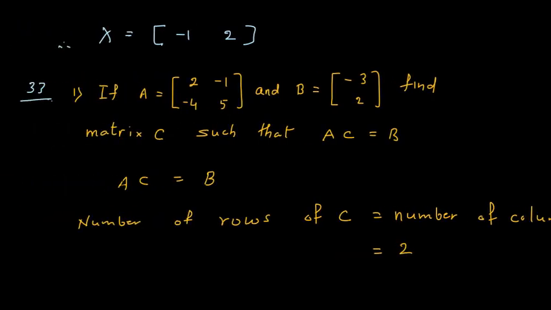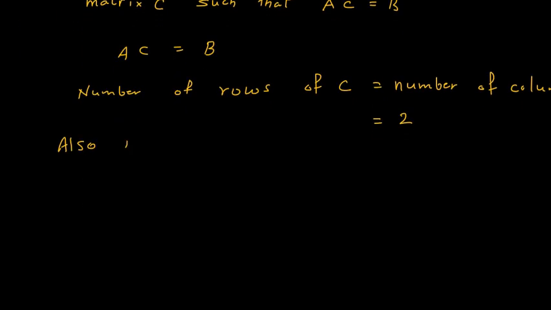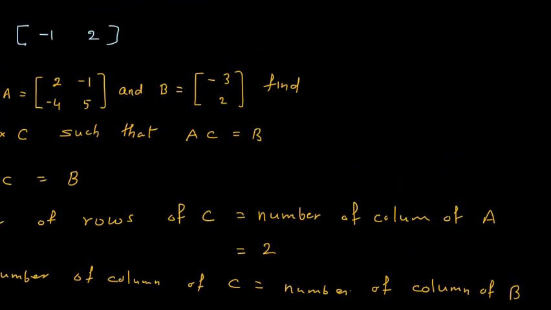And similarly I will say also number of column of C is equals to number of column of B. Okay, so number of column of B, how many column B have?